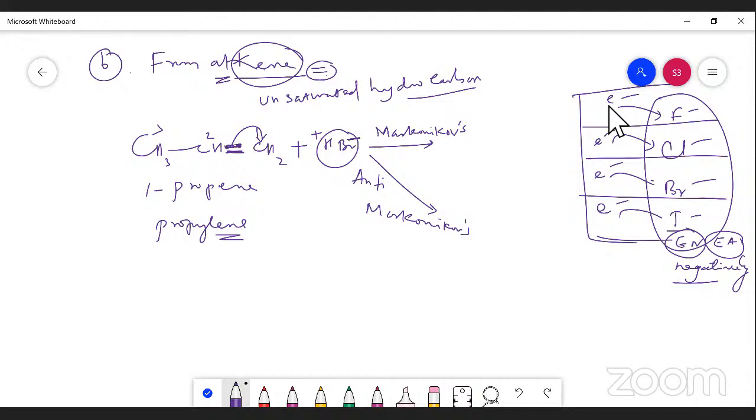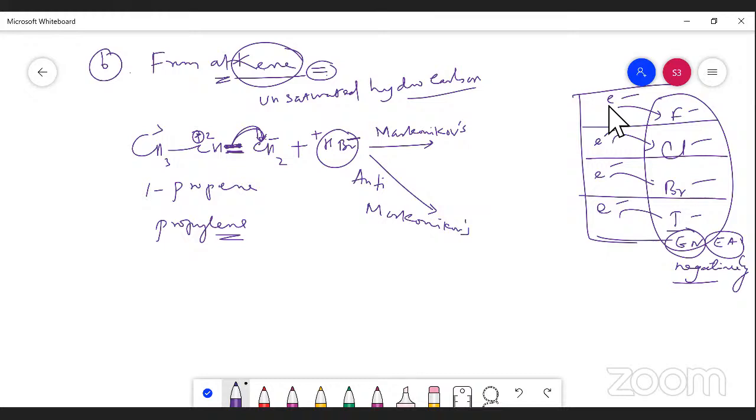If the electrons are withdrawn by this carbon, what will happen? The deficiency of electrons makes this carbon positively charged. Excess means negative charge.